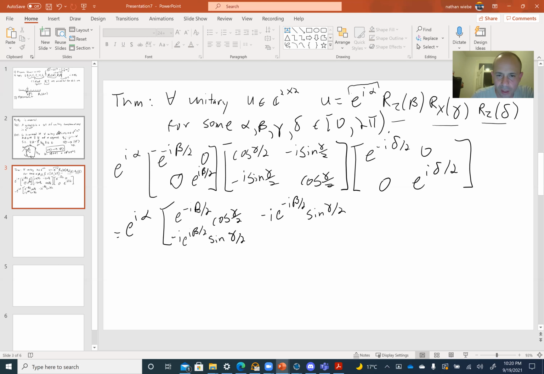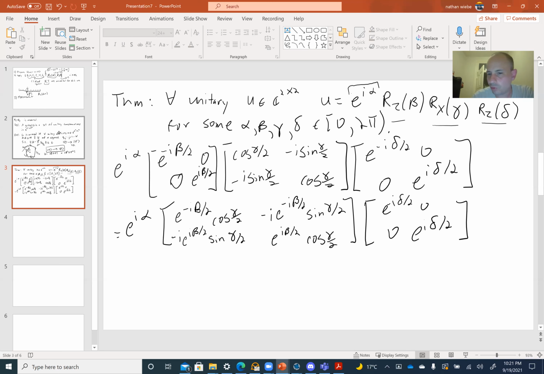And finally, we end up having e to the I beta by 2, cosine gamma by 2. And last but not least, we still have this minus I delta by 2, 0, 0, e to the I delta by 2.